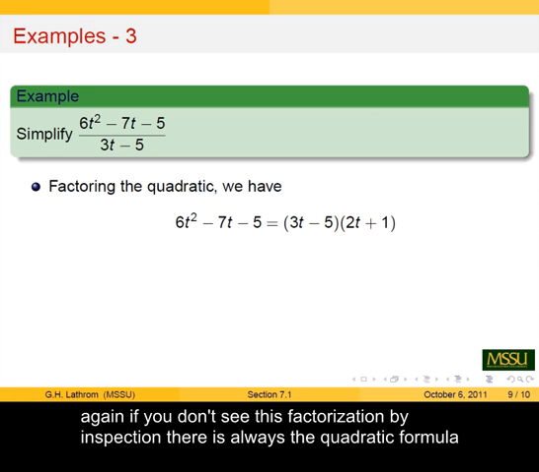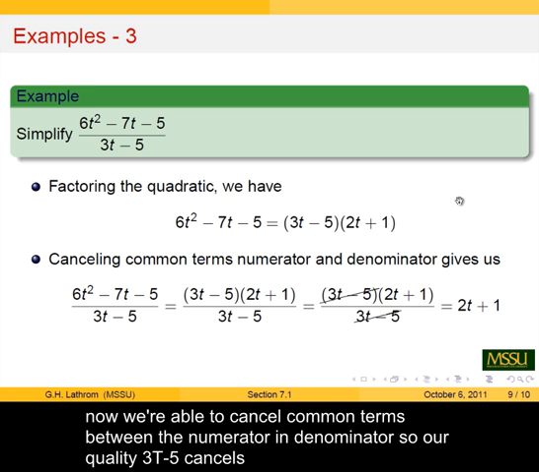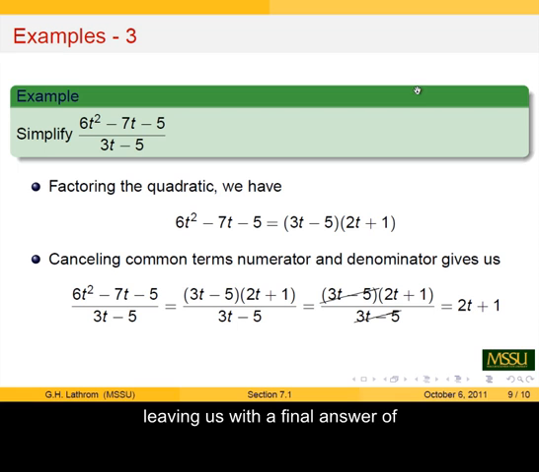Again, if you don't see this by inspection, you always have the quadratic formula to be able to factor this polynomial. Now we are able to cancel common terms, numerator and denominator. So our quantity 3t minus 5 cancels, leaving us with a final answer of 2t plus 1.